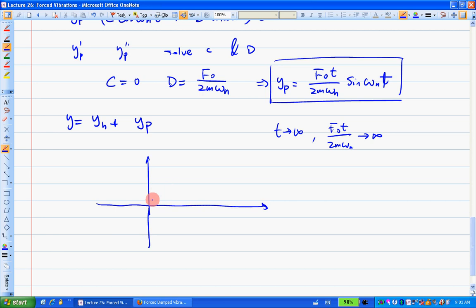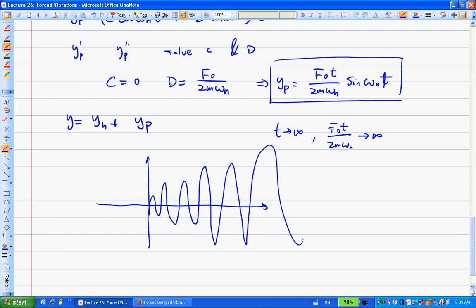Okay. So initially, there might be some initial conditions, who knows, right? But let's say maybe no initial condition, but there's vibration, but then the vibration just keeps going up, up, up, and then basically goes crazy, right? The envelope, okay, my drawing is not that good, but the envelope right here is this guy.